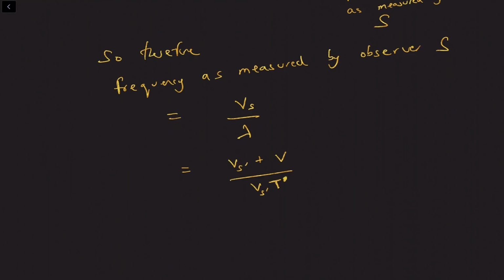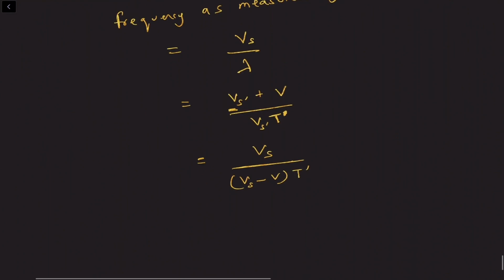Now we can write the speed Vs prime, that is the speed at which the wavefronts are propagating in frame S prime, in terms of Vs. So we can rewrite this expression as Vs over Vs minus V times T prime. Okay, so the frequency as measured in frame S is equal to Vs over Vs minus V times the frequency as measured by S prime.